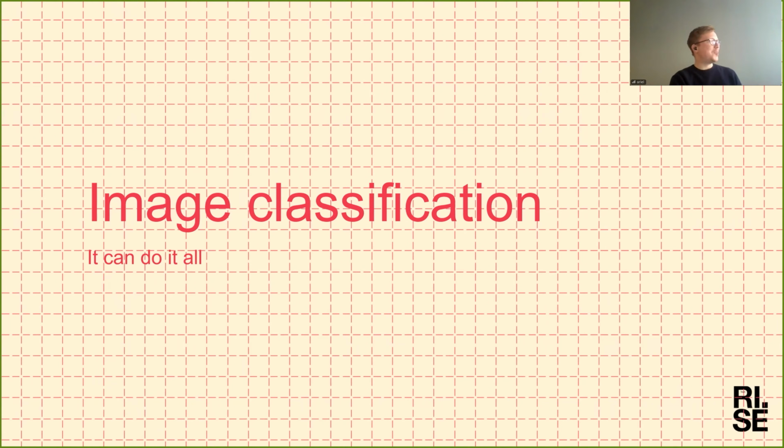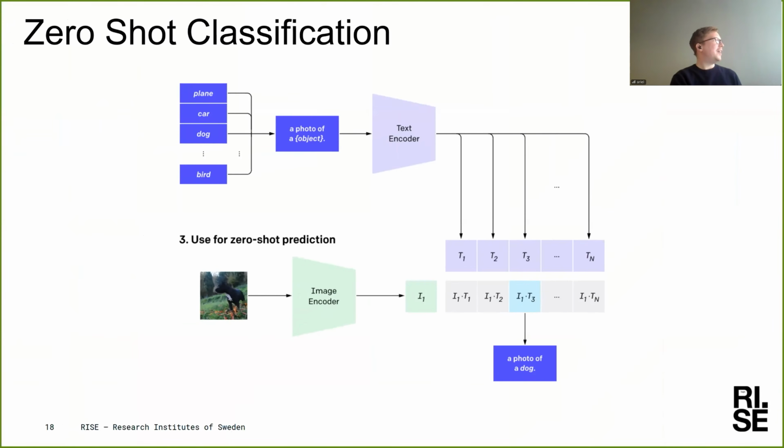And why am I talking about this? It's because you can do really, really interesting image classification stuff. I subtitled it, it can do it all. So how can you now use this framework to do image classification? Basically, you can give labels in the form of text.